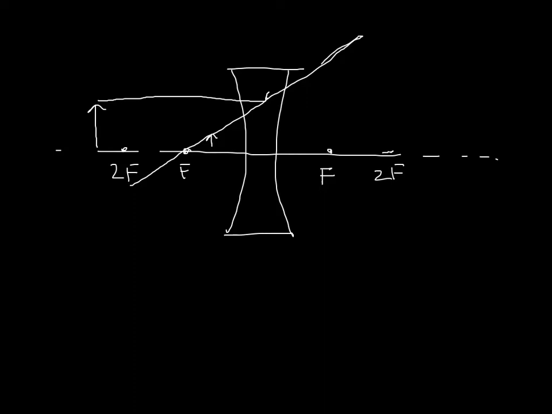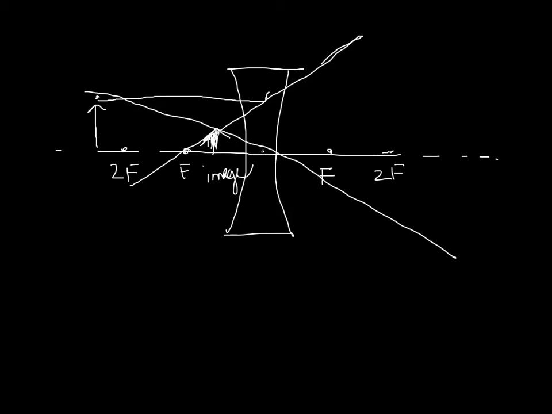But how do I find the distance that this image is from the focal point? We find that distance by drawing another ray from the top of the object through the center of the lens. So where those two lines meet is where our image occurs.